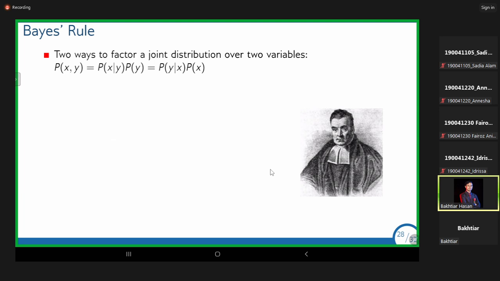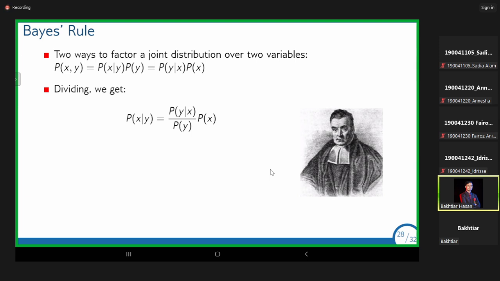Now, if we divide both sides of this equation by p of y, we get p of x given y is just p of y given x times p of x divided by p of y. So this helps us calculate one conditional probability from another conditional probability.